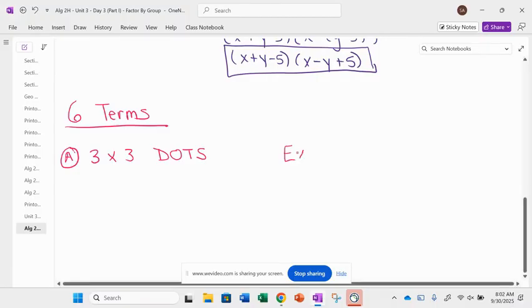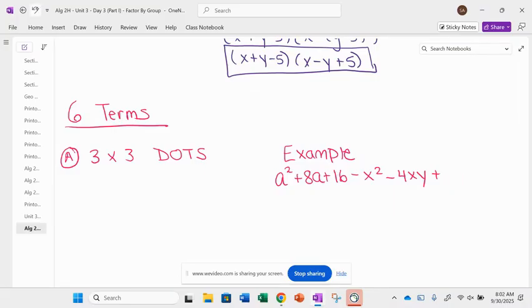And an example of this would be... so we count our terms: 1, 2, 3, 4, 5, 6.